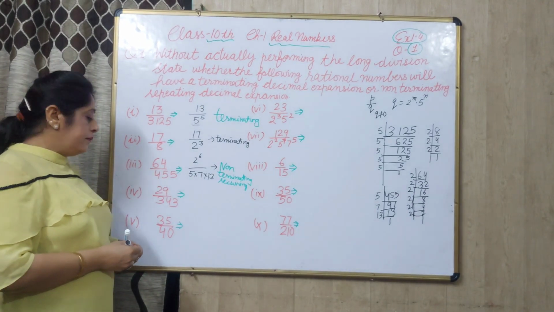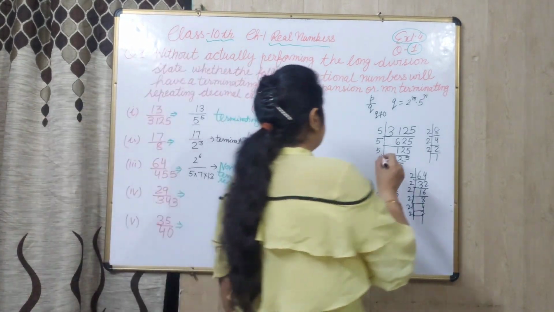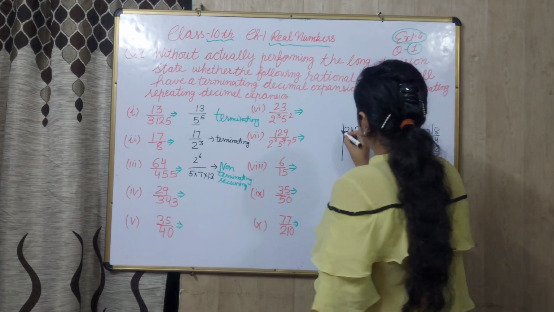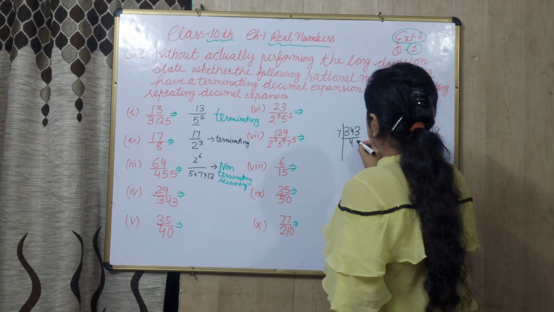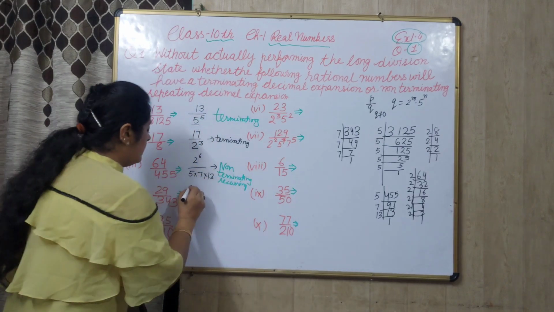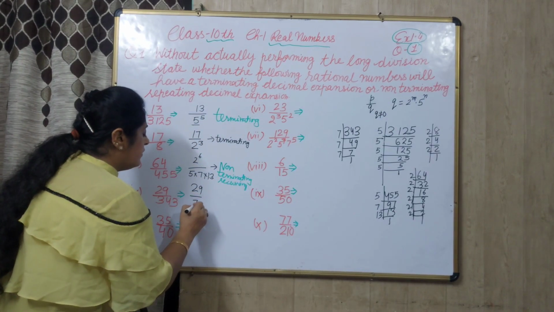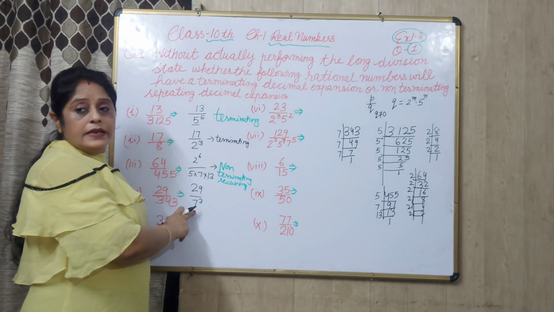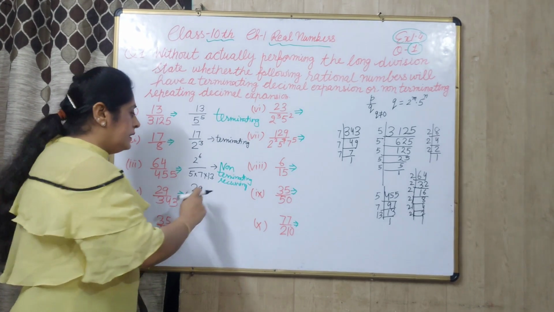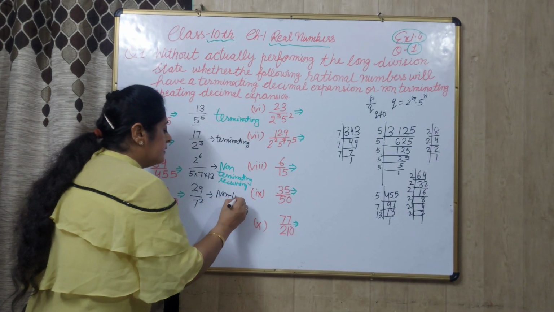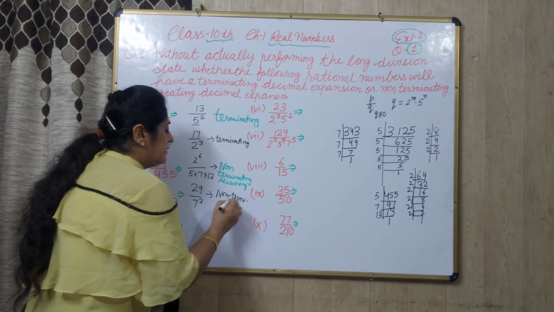Both are co-prime numbers and we make the factors of 343. 7 power 3. Our Q is 7 power 3. Now it is neither in the form of 2 power nor in the form of 5 power. It is non-terminating recurring.